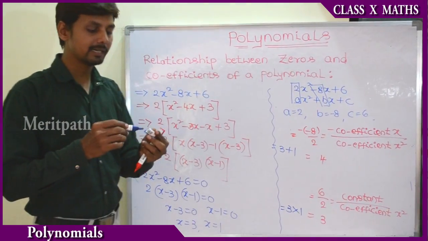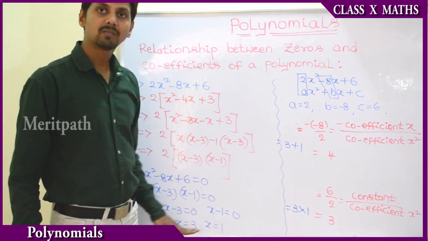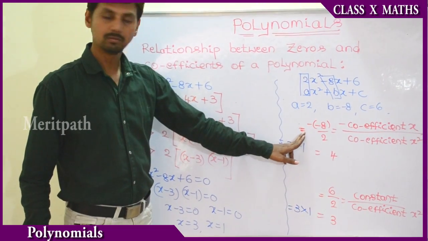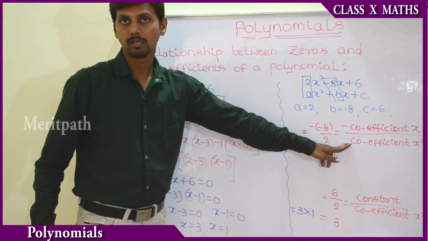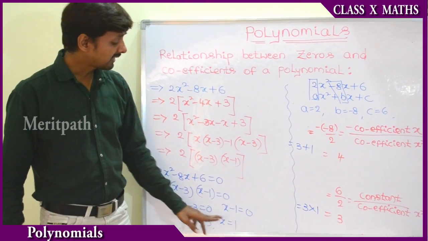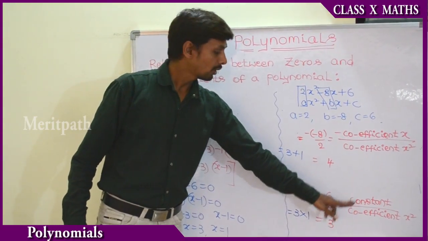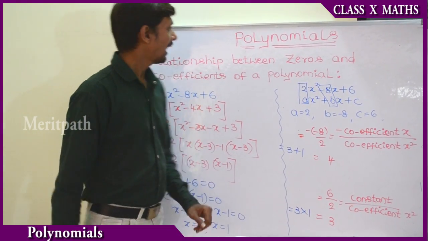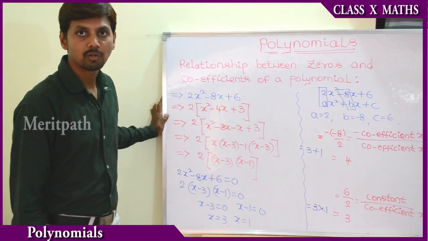Then what we can understand is the sum of the zeros of this polynomial is equal to minus coefficient of x by coefficient of x squared. And second, if we multiply these two zeros, then we get the constant by coefficient of x squared. And this is the relation between the zeros and coefficients of the polynomial.